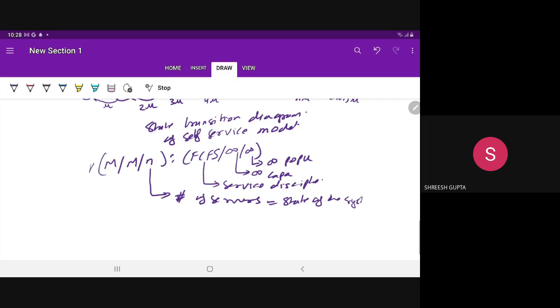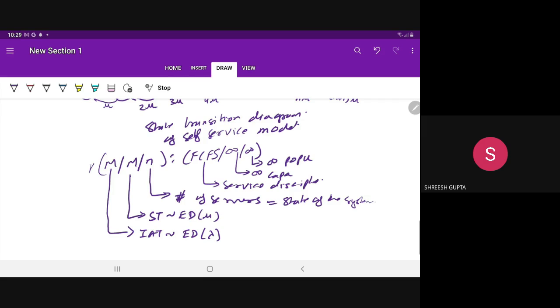Service time follows the exponential distribution with parameter mu, and inter-arrival time follows the exponential distribution with parameter lambda.